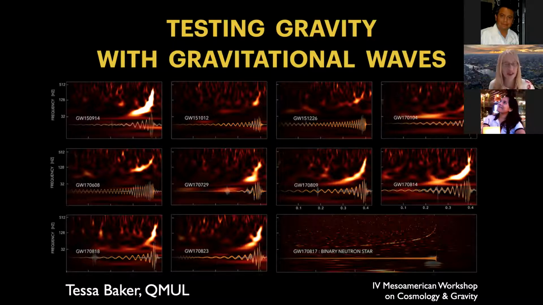So on the slide here, you might recognize that we have the first 11 events that were detected by the LIGO-Virgo detectors. And that includes 10 binary black holes. Those are the smaller panels. And the larger panel down here is, of course, the binary neutron star GW170817. And for each event, what you've got here is a spectrogram.